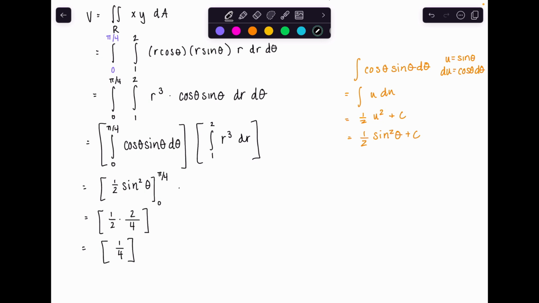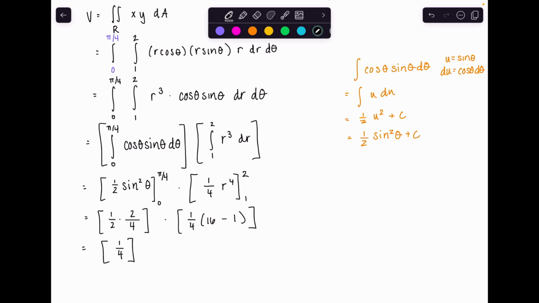Okay. Then for this second integral, not forgetting to go back, that becomes 1/4 r to the 4th, evaluated from 1 to 2. So that's 1/4 times 2 to the 4th, which is 16, minus 1 to the 4th, which is 1.